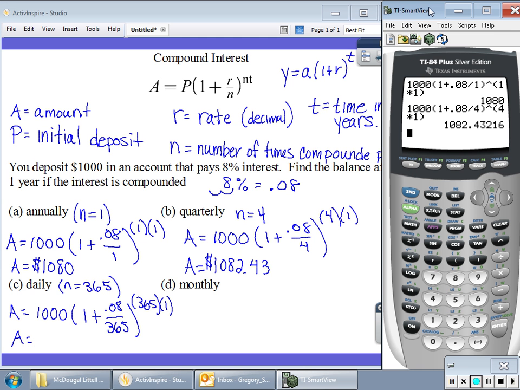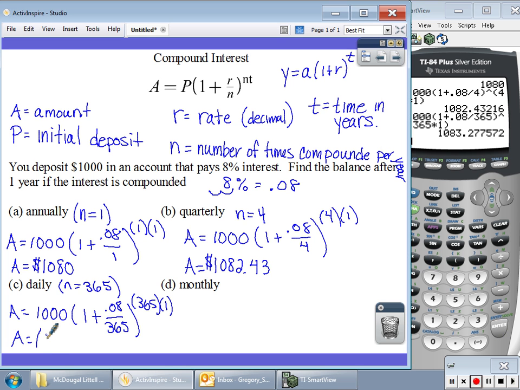So here we'll have 1,000 times (1 plus 0.08 divided by 365), close the parentheses, caret, parentheses, 365 times 1. Hit enter, and there we have $1,083.28 if we round.